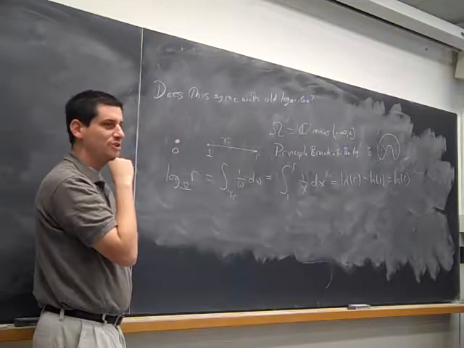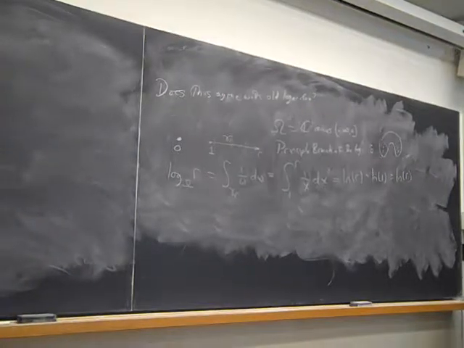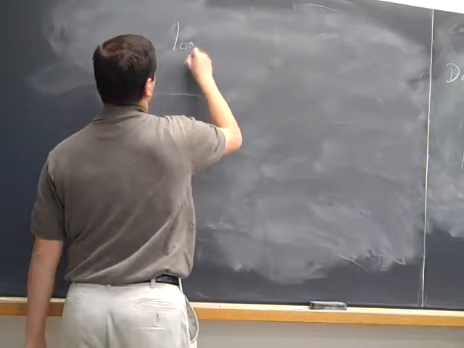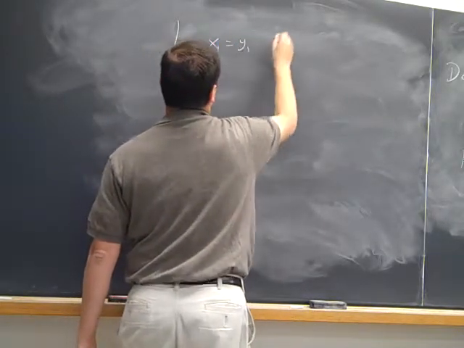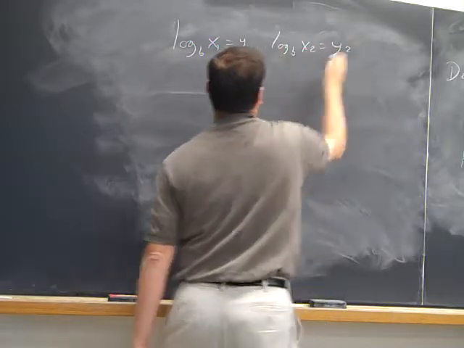How would you prove the log laws? Do you remember the standard proofs of the log laws? Yeah, you would convert to e to the power and then split it. So the log base b of x1 equals y1, the log base b of x2 is y2.